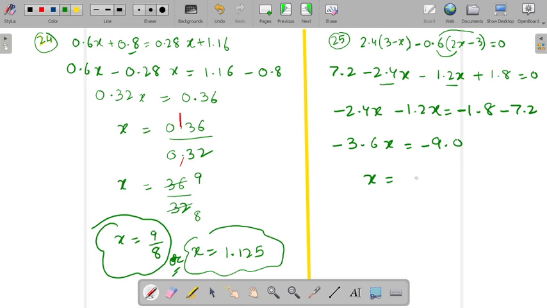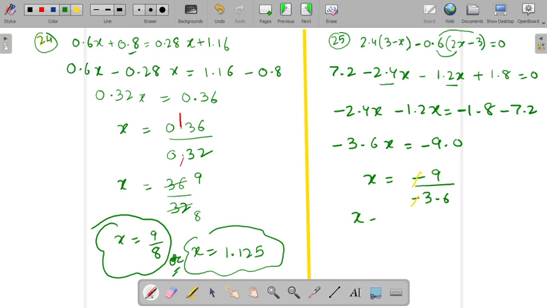So x would be minus 9 upon minus 3.6. 9.0 or 9, one and the same thing, because if there are any number of 0s after the decimal, it does not make any difference. So you can write it as it is also. Okay. So next step, this minus and minus will be cancelled out.